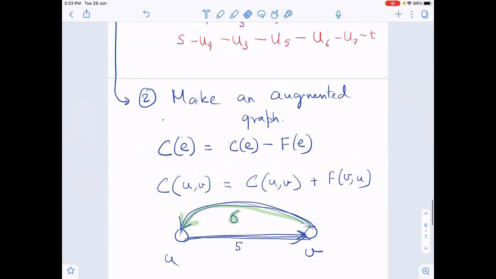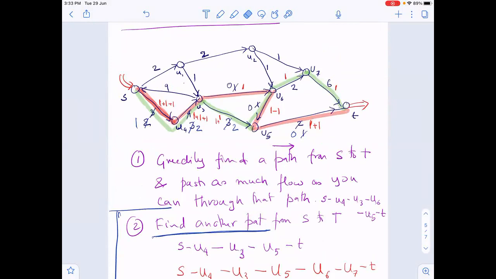And this is what you consider an augmented graph.